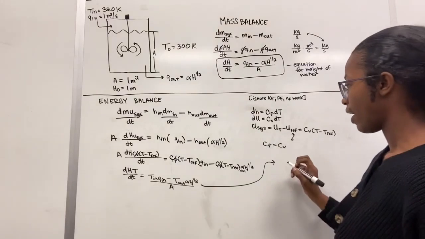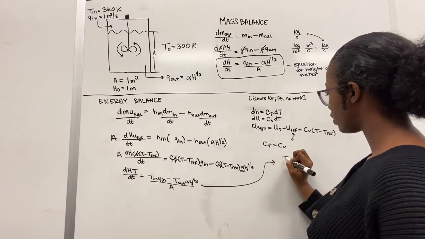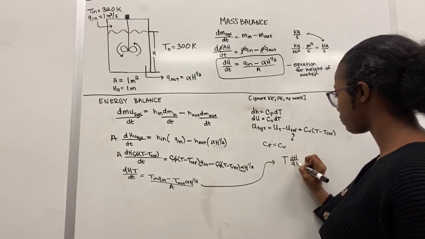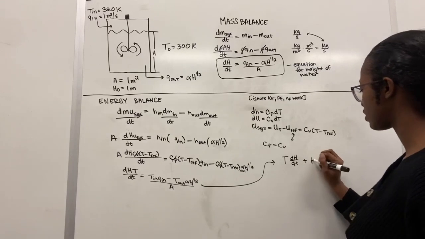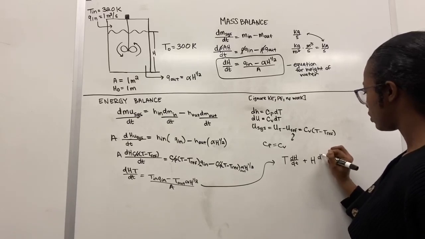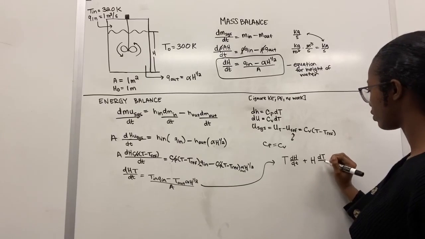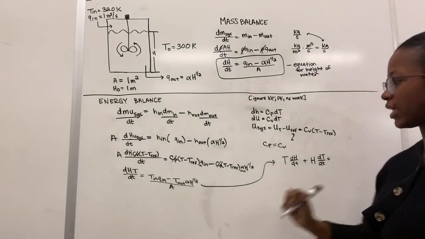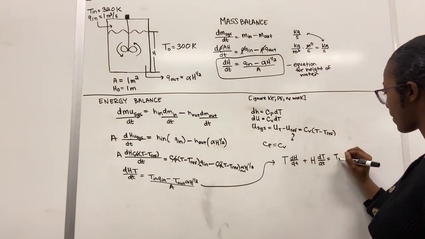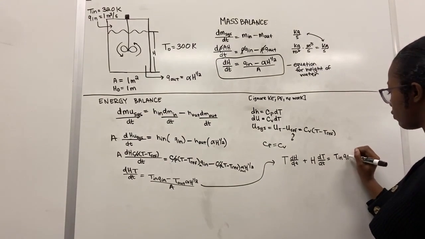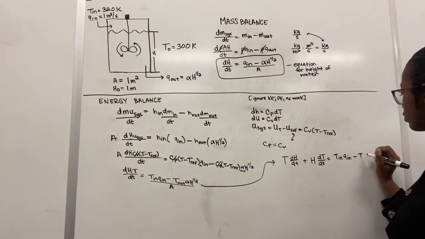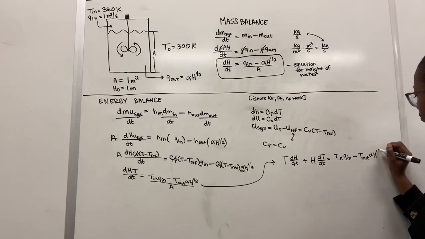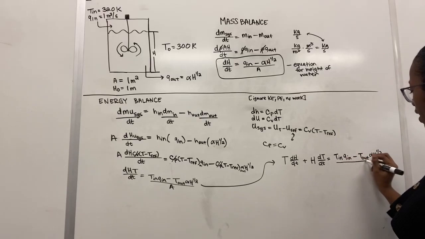And we'll get the temperature times the change in height with respect to time plus the height times the change in temperature with respect to time is equal to the right-hand side: temperature in times the flow rate coming in minus the temperature out times the flow rate going out, divided by A.